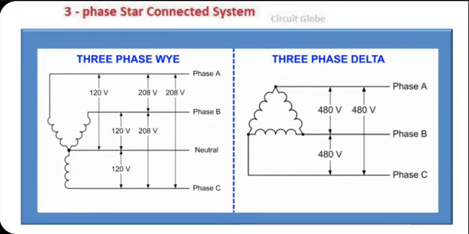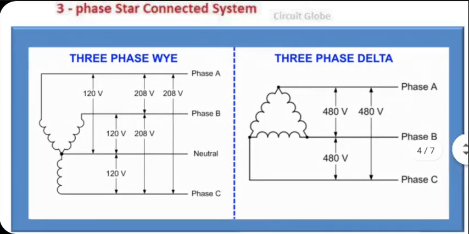So in 3-phase systems, the star connection can be at the generator end, and the delta connection can also be at the generator end. Even on the load side, the lines ultimately will feed loads, right? Even the loads can be connected in delta form or star form.